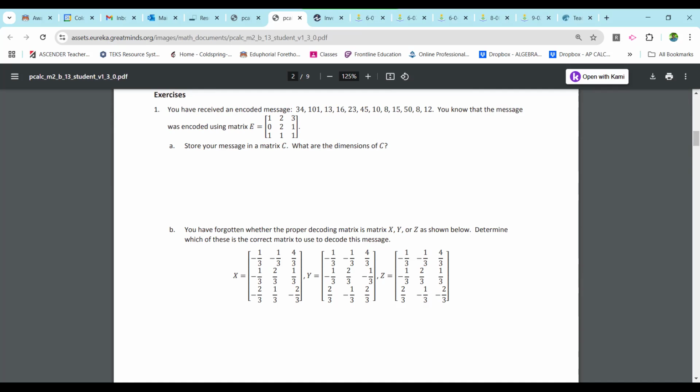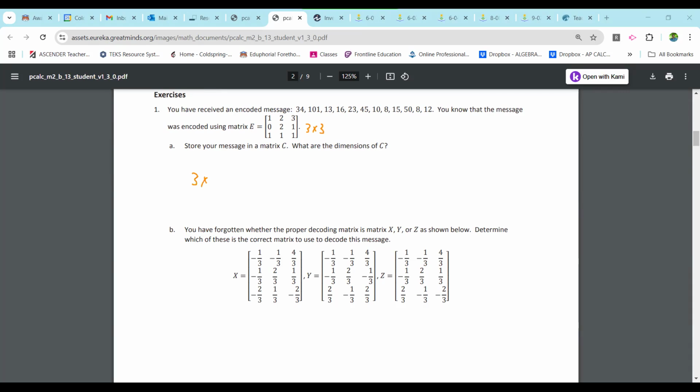All right, so we're going to answer these questions in waves. First question, we're going to store our message in matrix C. What does the dimensions of matrix C need to be? And how would I figure that out? How do we know it's a 3? Good. So since this is a 3 by 3, that means it has to be a 3 by something so that the inner numbers are multipliable.